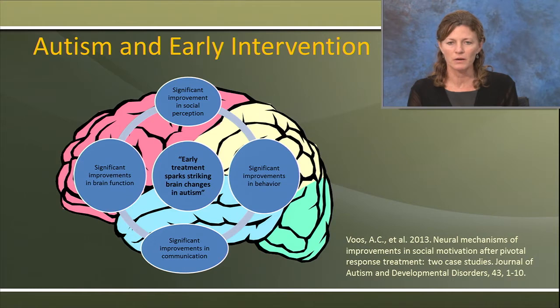You will see one article cited here by Voos et al. in 2013 that provides some information on this. And as I mentioned, there are several other research articles demonstrating this as well. And these brain changes can lead to significant improvements in behavior, in social perception, communication, and then again, that overall brain functioning, making it much more effective and much more efficient.